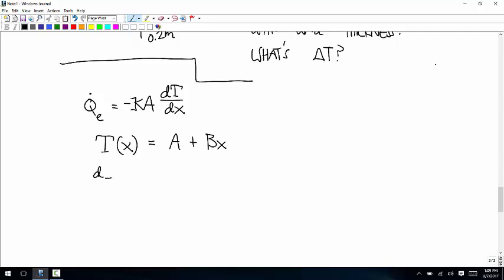Then dT/dx is just equal to b. And so the heat emitted is equal to negative kappa times that cross-sectional area times b.